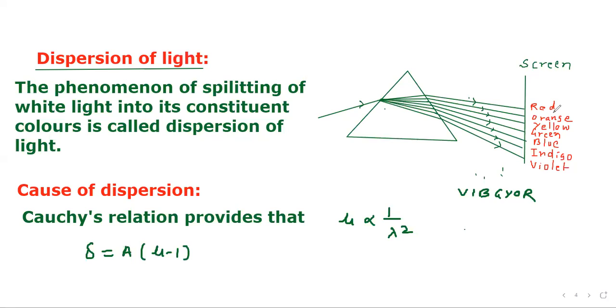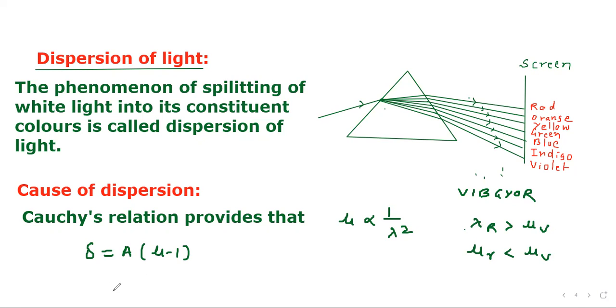We know that red color has the largest wavelength and violet color has the least wavelength. So lambda red is greater than lambda violet, so we can say mu red will be less than mu violet.